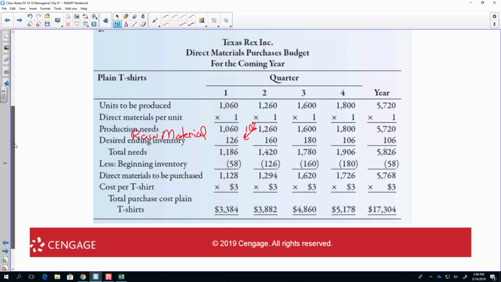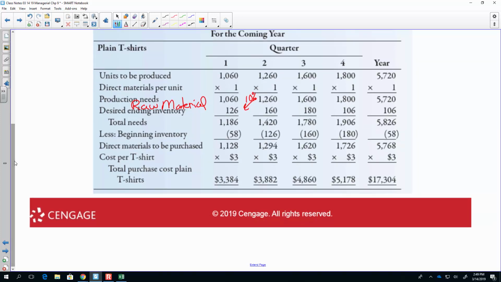Also notice on this report we had units and cost in dollars. You will be asked that question on the exam. What is on this report? My purchases in units and my cost of purchases.